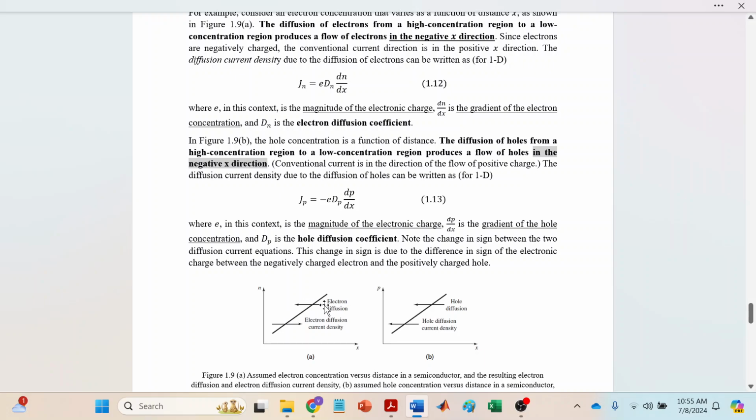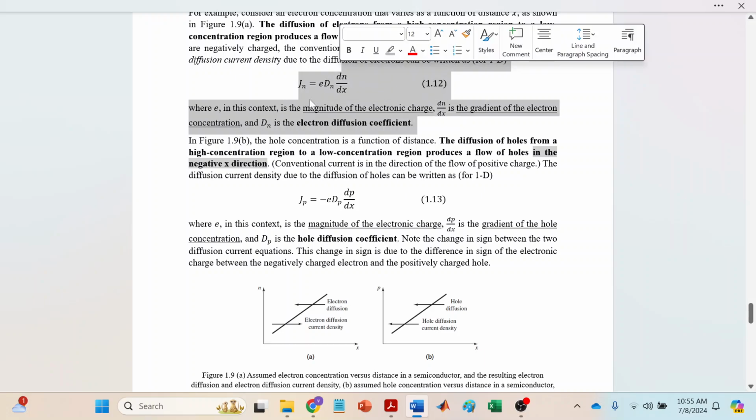Given that the electrons are negatively charged, the conventional current direction, the negative charge is going to cancel out, and the direction of the diffusion current density is going to be in the positive direction, and is given by this equation here, where Jn is the diffusion current density, e is the value of the electronic charge, Dn is a constant, the electron diffusion coefficient, and dn/dx is the gradient of the electron concentration. So that's in the case of the n-type semiconductor.